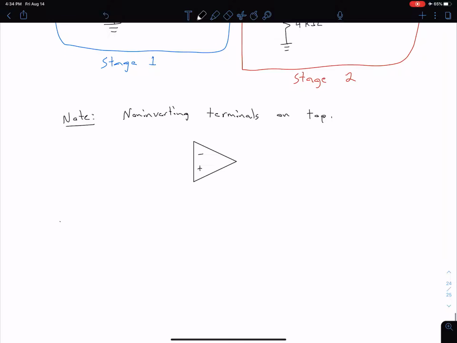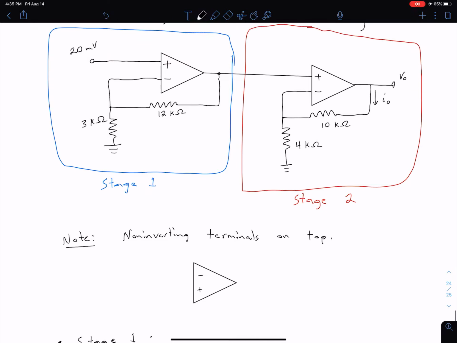Okay, so all we need to do then is go back to our simple equation for our non-inverting amplifier. So we're going to look at the gains of each stage, and then we're going to look at both of them together, and we'll be able to find our final output voltage V out. So for stage 1, essentially we can label these resistors like we had in our circuit in the previous video with our non-inverting configuration.